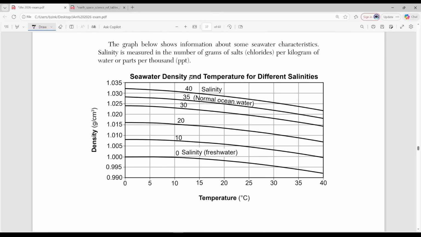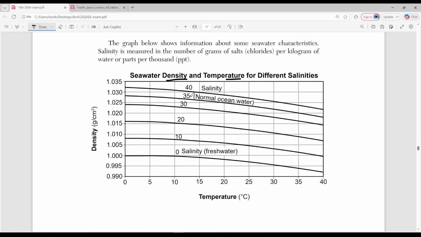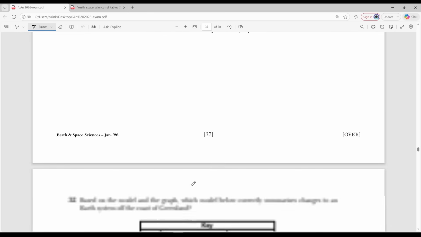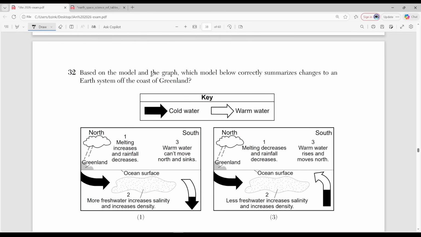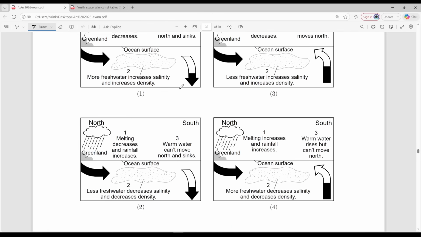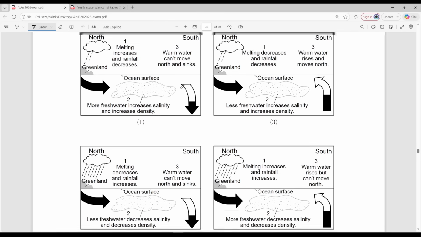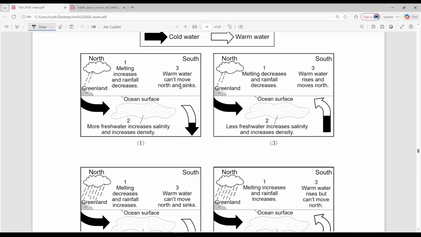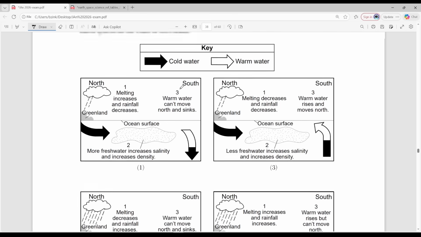Okay, so we got, oh look, seawater density and temperature. So salinity, density, okay, I don't know what this means yet. We're going to go look at the question. Based on the model and graph, which model correctly summarized changes to an Earth system off the coast of Greenland? Oh my gosh. This is a mind-blowing brain meltdown of stuff here.